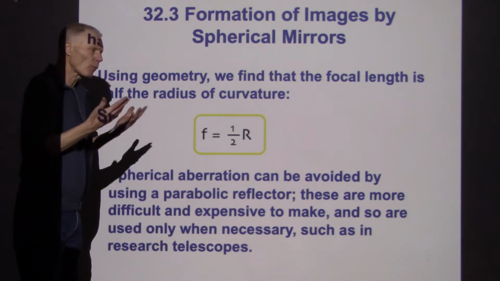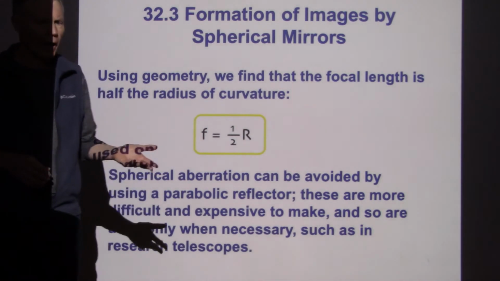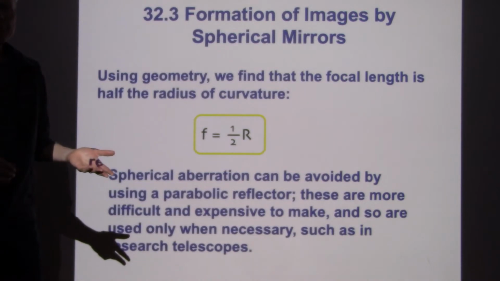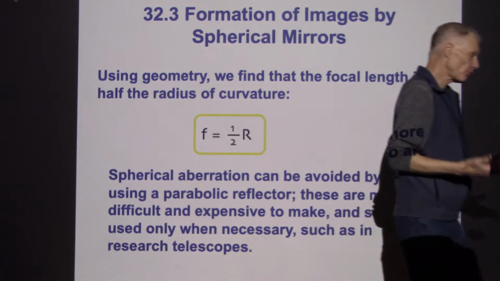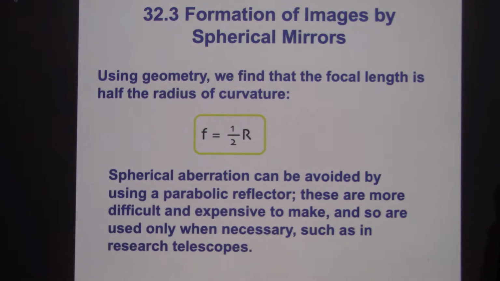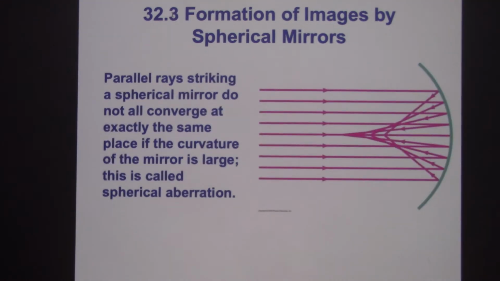But for what we want to use these mirrors for, the objects may not always be that far away. And so we do want to use spherical curvature for our mirrors, and we're just going to realize it's not going to be perfectly sharp, but it's going to work pretty well.